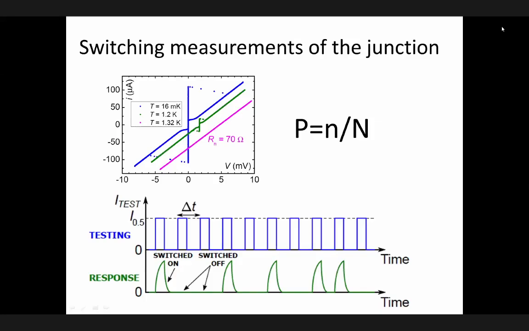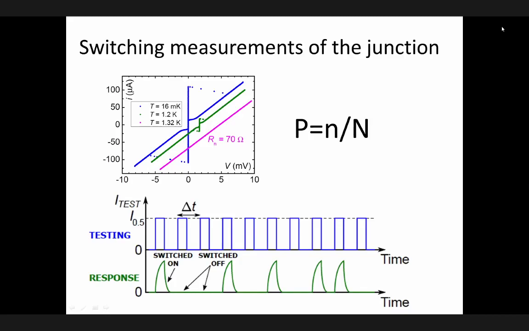Below it you never switch, above it you always switch, so this is probability 0, this is 1. Somewhere in between you have probabilistic behavior, and when the probability is one half, meaning roughly half of the pulses switch, I call that my switching current. This is the protocol, and all measurements that I do rely on measuring this probability.